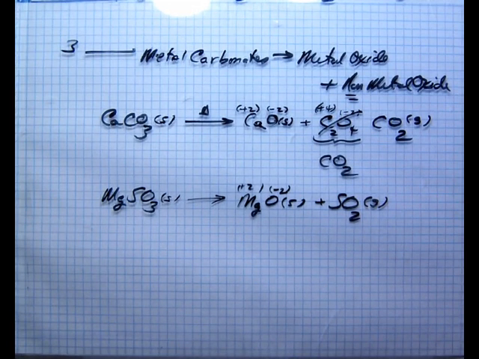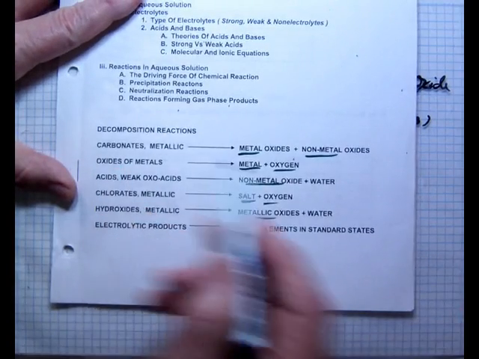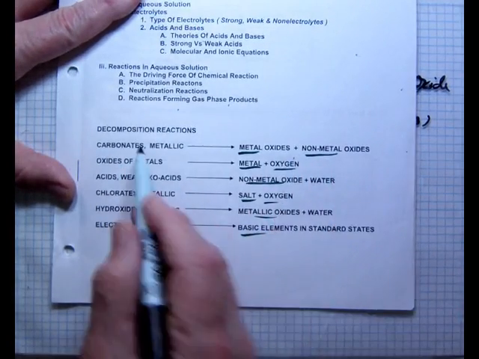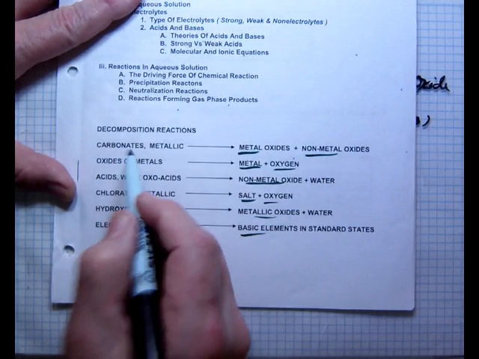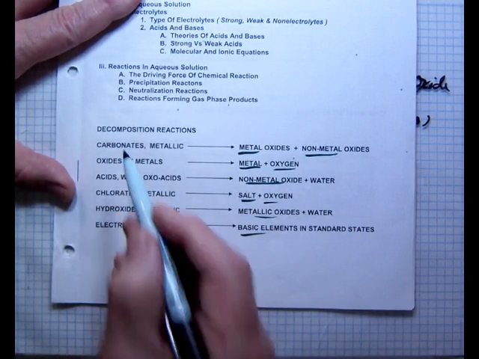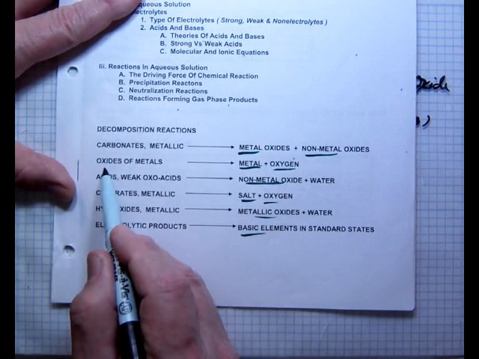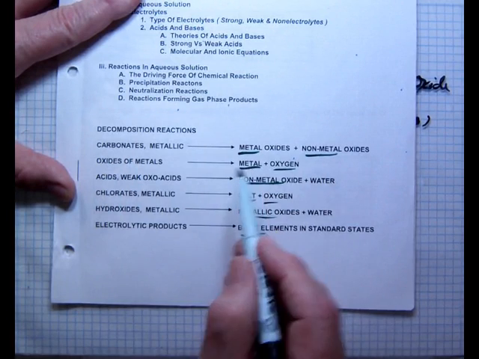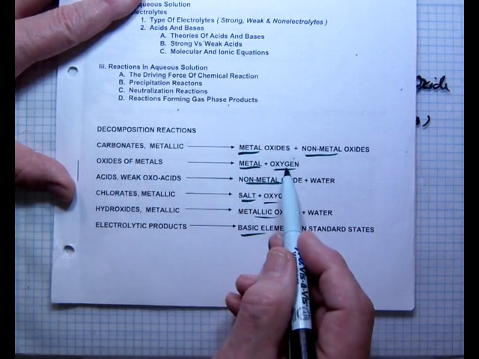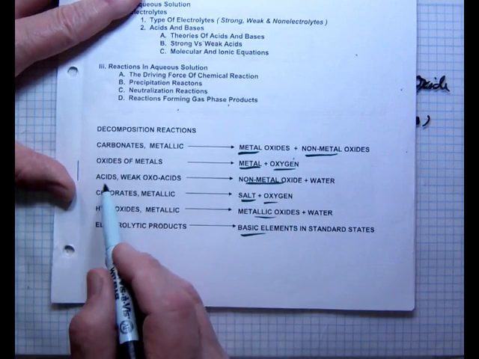So if you know the list right here, and you say carbonates, well, I'm metal oxide, non-metal, you can build the product side right out of the compound you're given. Metal oxides go to a metal. Well, put the metal and molecular oxygen, always.